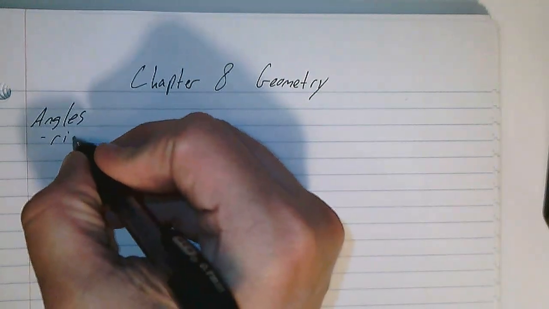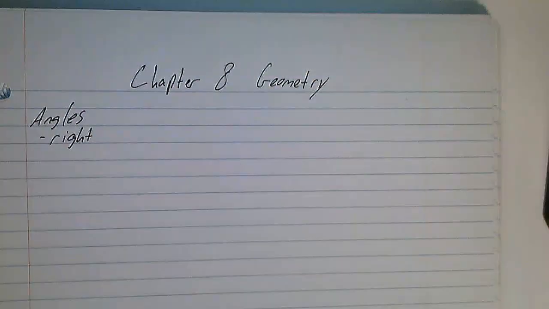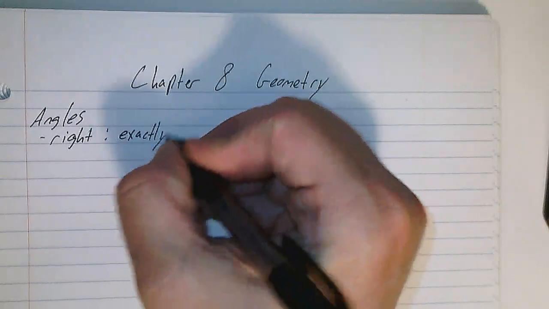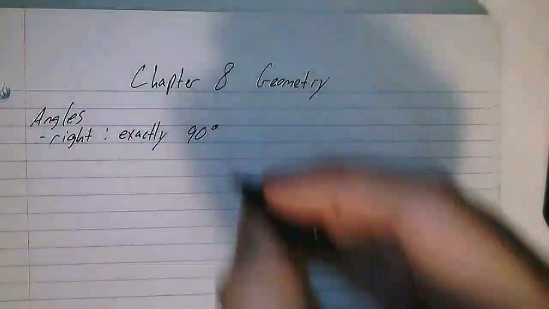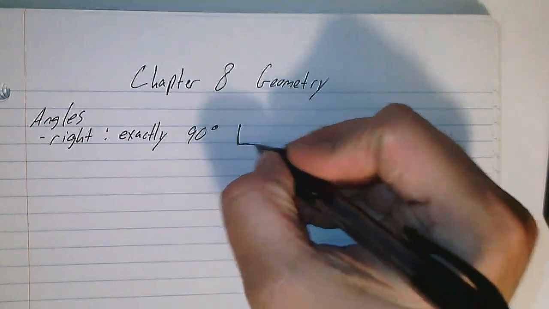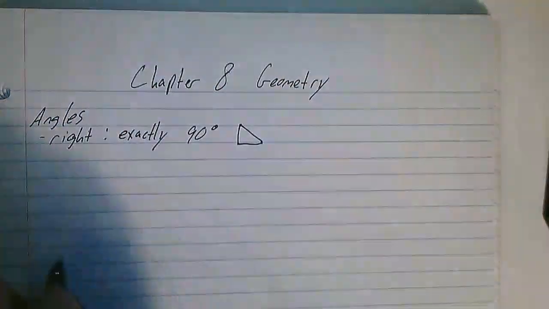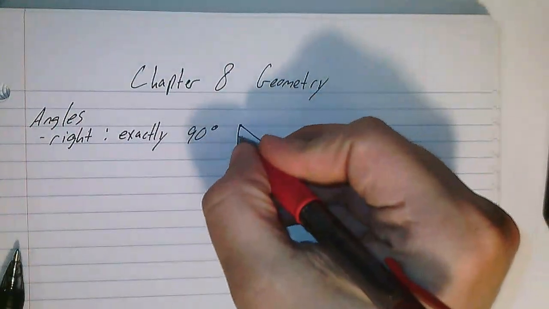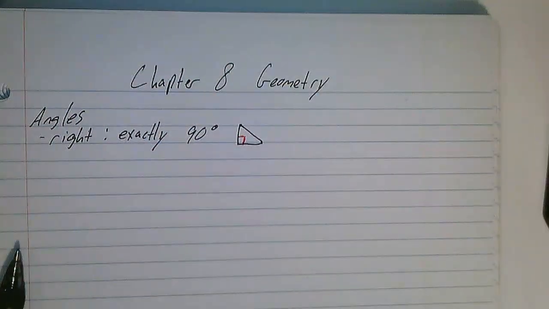So there are three kinds of angles. You have a right angle, which is exactly 90 degrees. Let me sketch a right triangle here so that I can point to this little symbol.